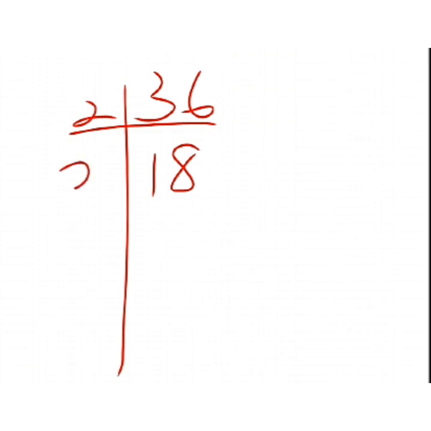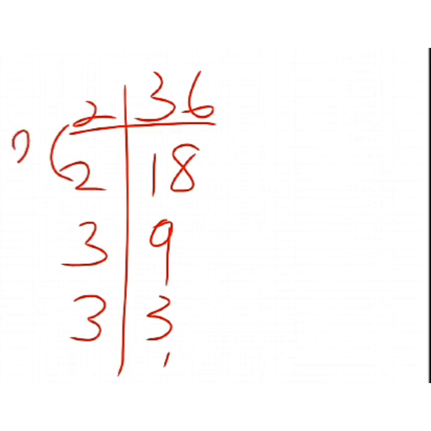We use 2 again since 18 is an even number. 2 goes into 18, 9. Can 2 go into 9? No, because 9 is an odd number. So you use prime factor 3. 3 goes into 9 3 times. And you still use 3 again. It goes into itself once. Use the same pairing method. You pair the first set and have a representative.